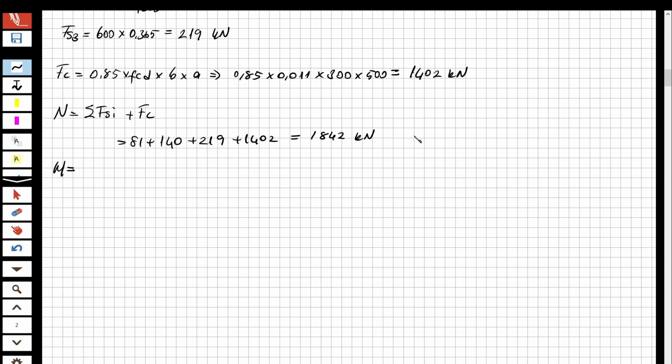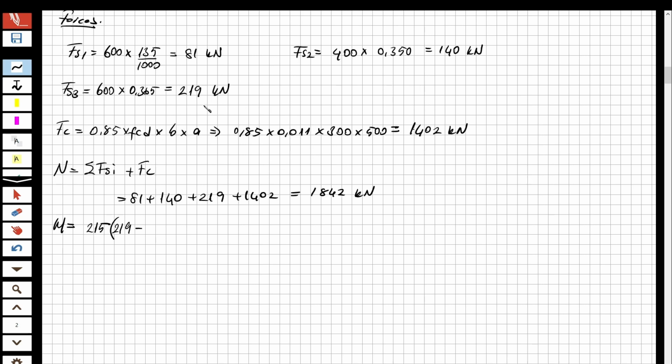So now let's write the moment equation. 215 is the same distance from the top steel and the bottom steel with respect to the midpoint. So it's going to be 219 minus the force of the bottom steel, 81. This is the moment arm, and this is the force.